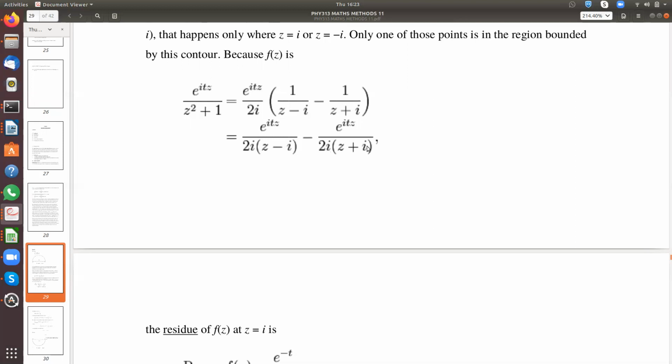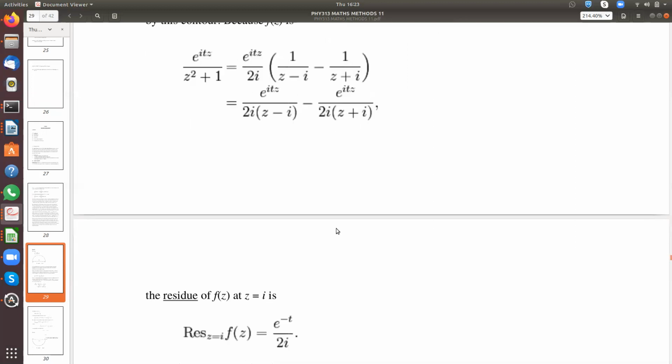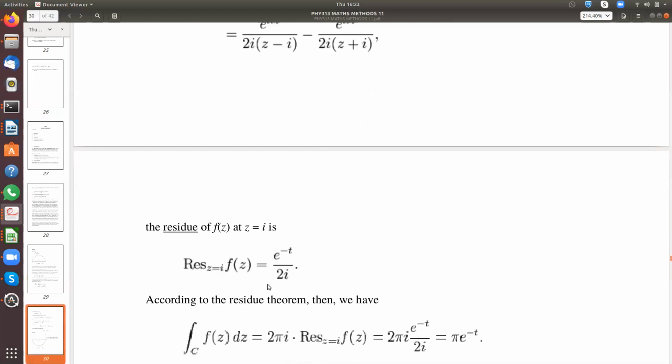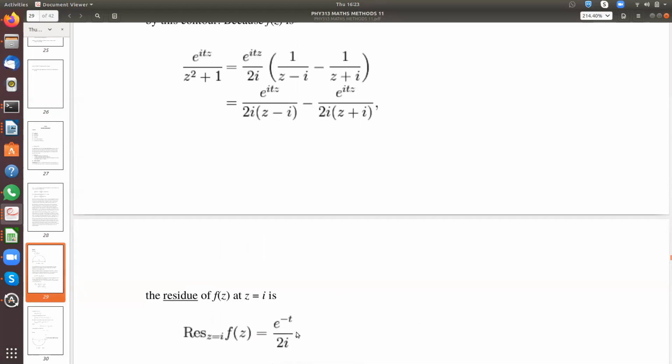Then i times i will be i squared, and i squared is negative, so the negative will cancel this. And that is why you have this. Are we together? So the residue of f of z at z equals i is now equal to this, because they've replaced i with all these functions, and that gives them this expression.